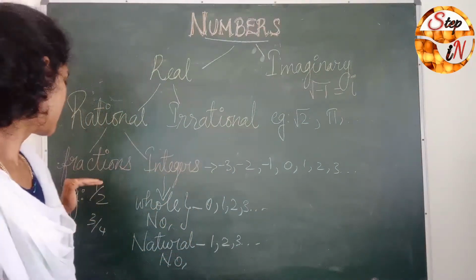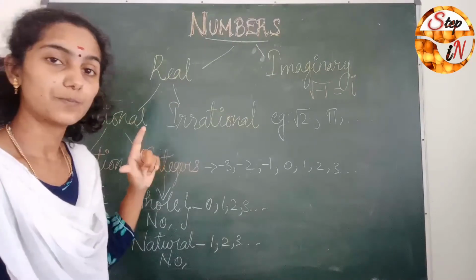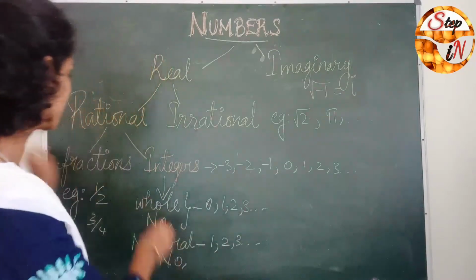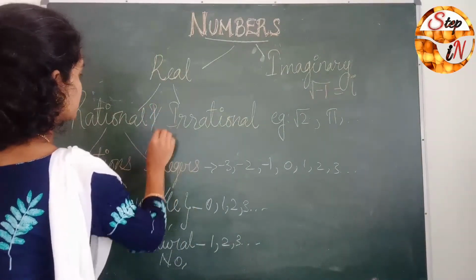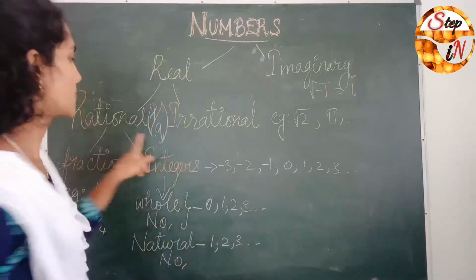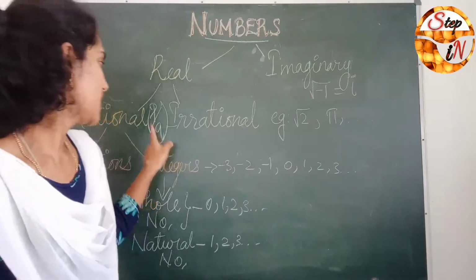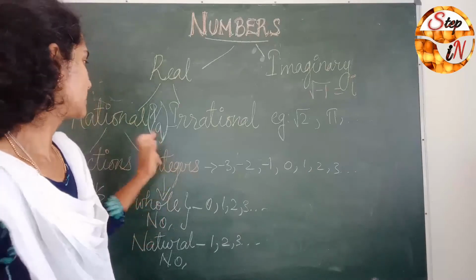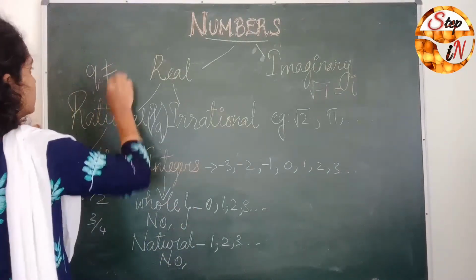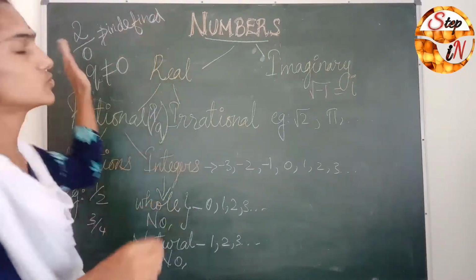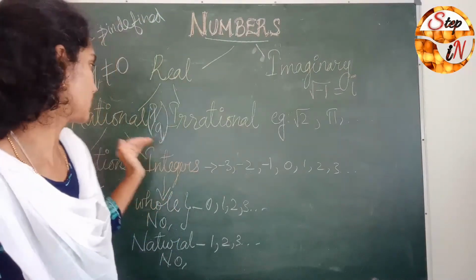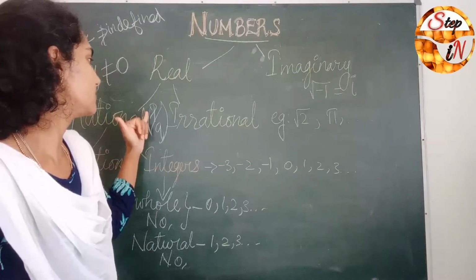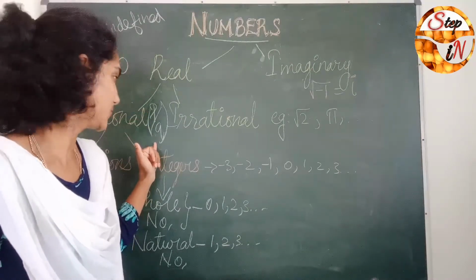The rational numbers are all of the form p by q, where p and q should be integers and q is not equal to 0. There is no value for 2 by 0. So rational numbers are always of the form p by q.